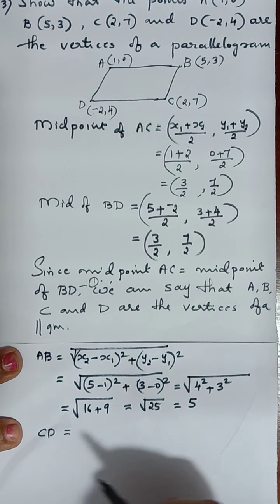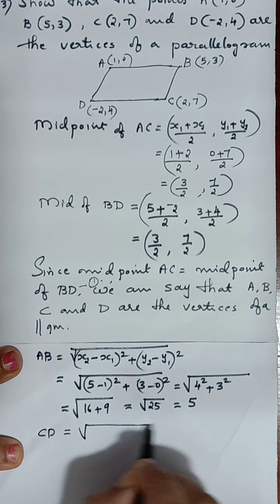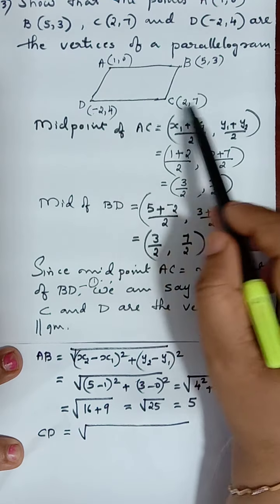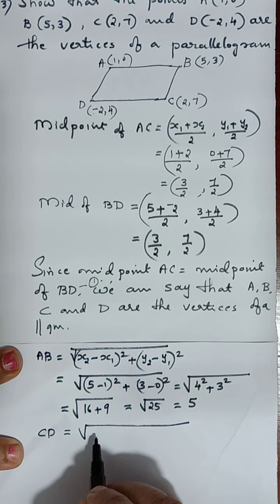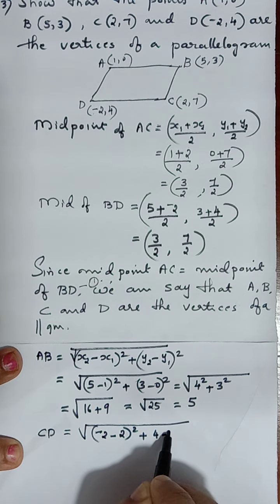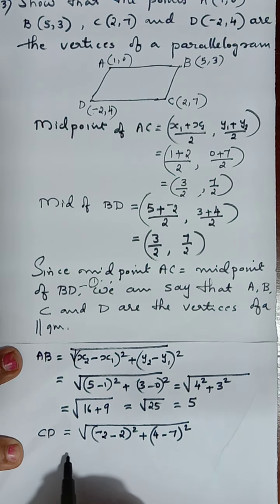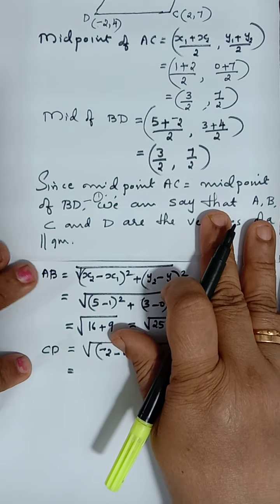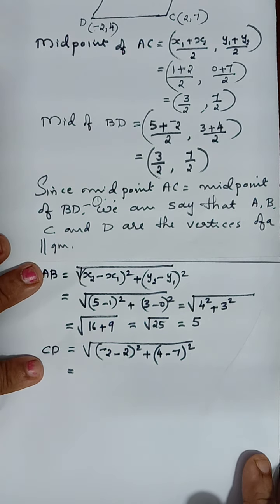Here, when we find CD, we take x2 minus x1 whole square plus y2 minus y1 whole square. Negative 4 whole square is 16.